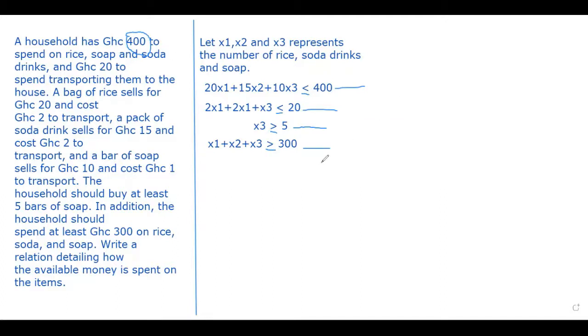So in inequalities, when you see has to spend, has available, at most, you are using less than or equal to. When you see at least, it means greater than or equal to. Because when you have something available, you cannot spend more than what you're having.